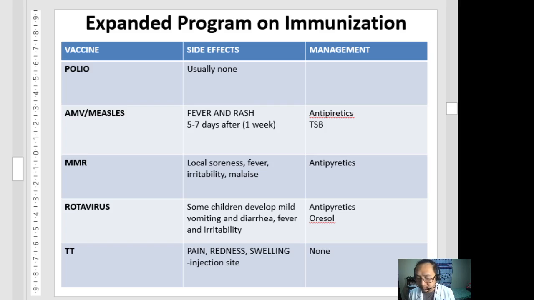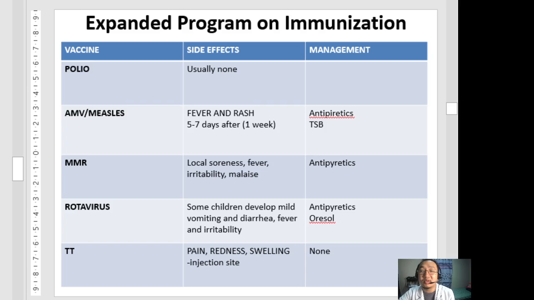Okay. I also read in one reference if the child has diarrhea, just like what I mentioned, you just continue giving OPV. At some point, the Philippines was declared to be a polio-free country in the year 2000, I think.